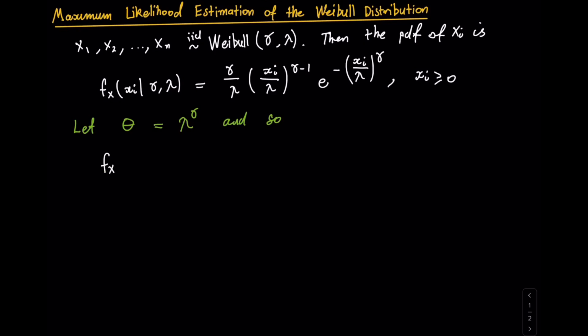We have f X of xi given gamma and theta now is equal to gamma on theta, xi to the gamma minus 1, exp or e to the power of negative xi to the gamma on theta.